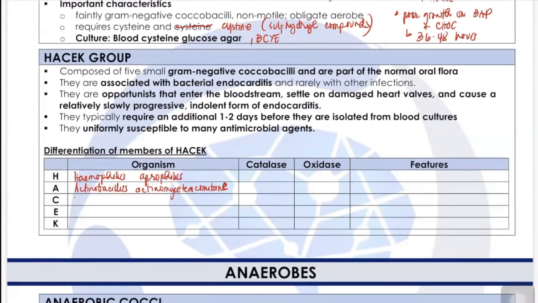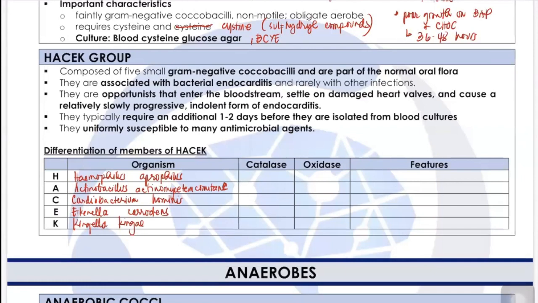Then we have Cardiobacterium hominis. Then we have Eikenella corrodens. And lastly, we have Kingella kingae.